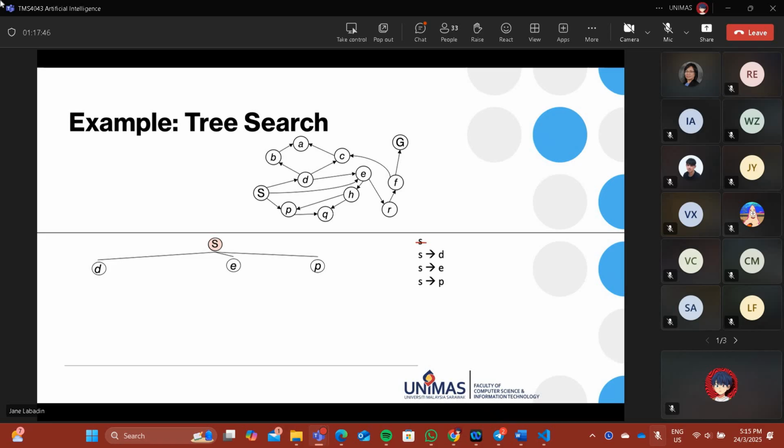So which one do you need to explore? If it is SD, then you explore or expand your D. So with D, then you have your fringe. From D, if you look at your graph, D goes to B, C, and E.